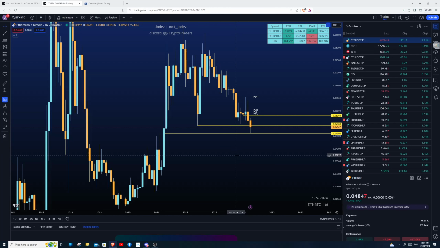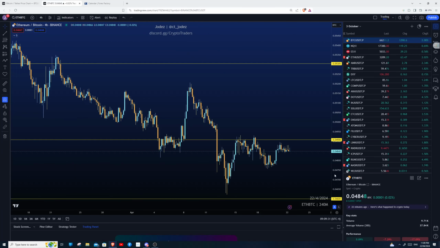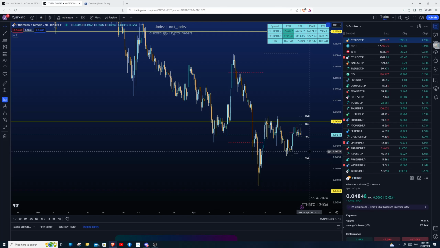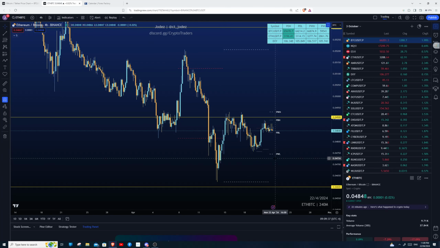And in the near future, we can expect Ethereum to vastly outperform Bitcoin. And the same can be said for most altcoins. So I'd say the play for this week and the coming weeks is to identify outperformers, find good long setups on altcoins, and try to hold them for swing positions.